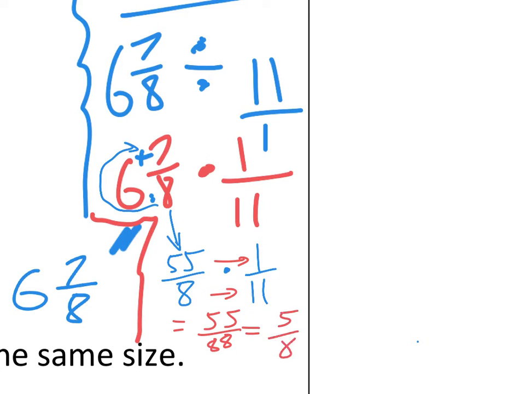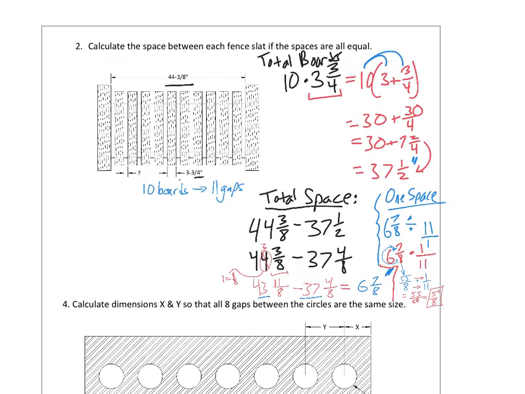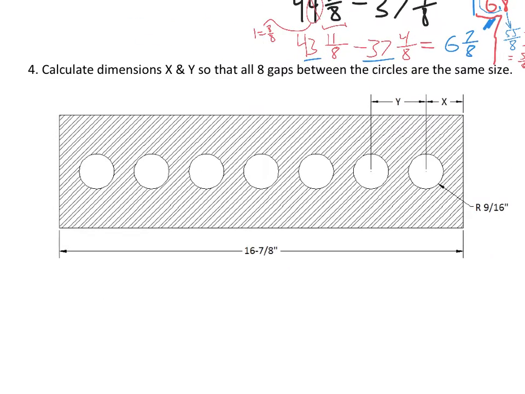We get 5/8. So it comes out to exactly 5/8. In the next problem, we'll see how we can change it into a decimal and make life a little easier. Here we could have changed it to a decimal at the beginning, but that was good fraction practice.